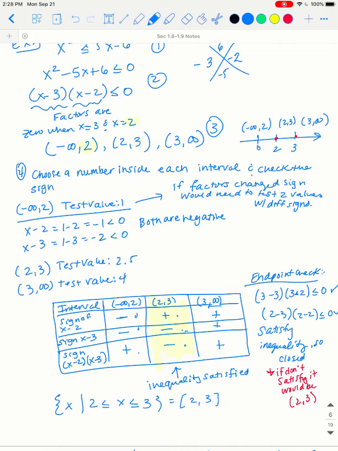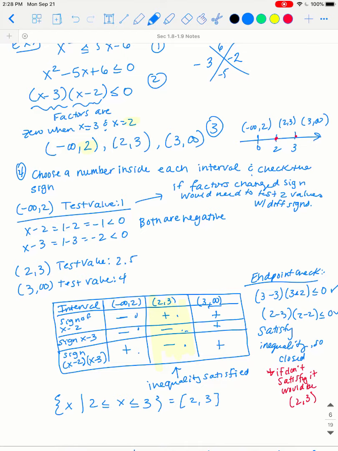So our answer is x such that 2 is less than or equal to x, and x is less than or equal to 3. And we have our closed brackets. If the endpoints didn't satisfy the inequality of our factors, then it would be open parentheses.